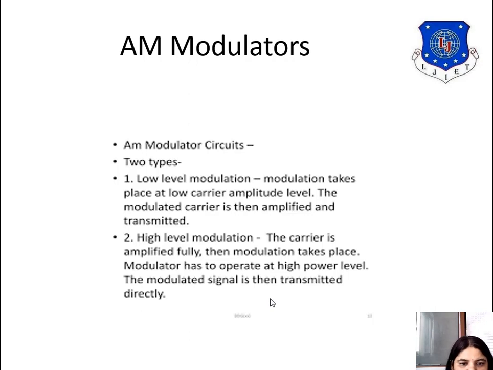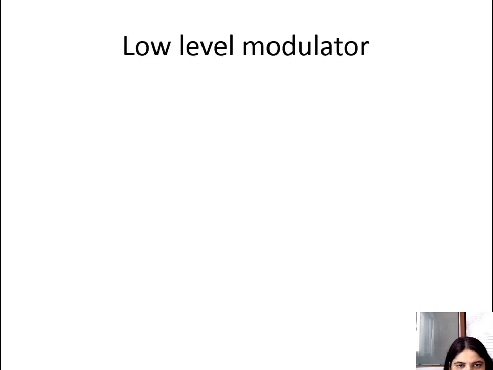Today in this video we will learn about the low level modulator. The single transistor emitter modulator will work for the low power level. We will discuss those two modulators in detail.